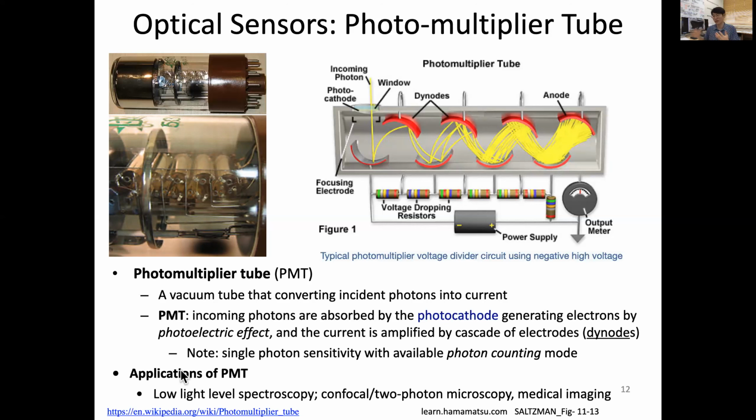We use PMT in confocal microscope, two-photon microscope, and even in medical imaging and basic science, in astronomy to detect photons or gamma rays, and in the medical field for radiation. These we can also use for medical imaging with these PMTs.